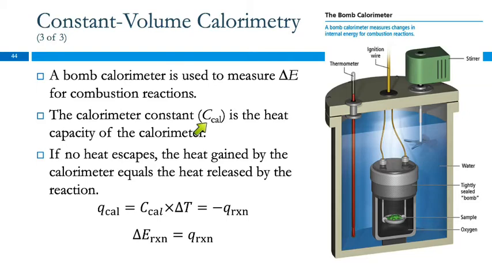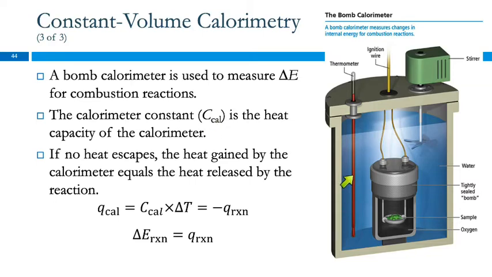The heat capacity is useful here instead of specific heat capacity because the mass of the calorimeter is not changing. We're going to put the same amount of water in it every time. It's always going to be the same. Heat capacity is specific heat capacity times mass. So we just lump them together for the calorimeter.